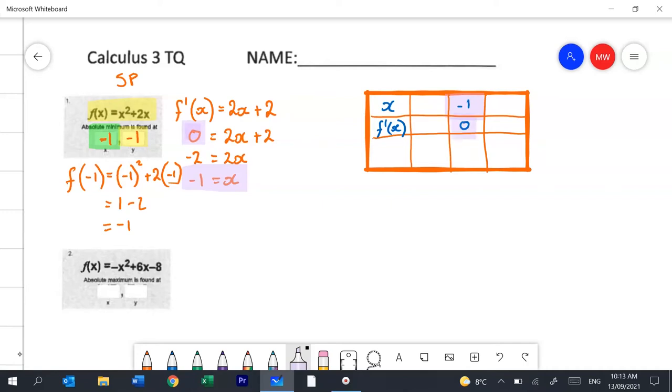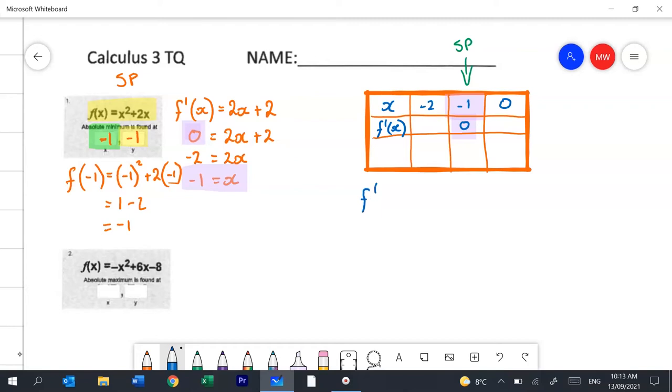So we've got those two numbers sitting there right in front of us. The whole point of doing the derivative was to find the turning point or the stationary point. So this here will form the stationary point. And what we want to do is find out, is it a minimum or a maximum? And the way to do that is to go a number either side of it and to test those values using the derivative formula.